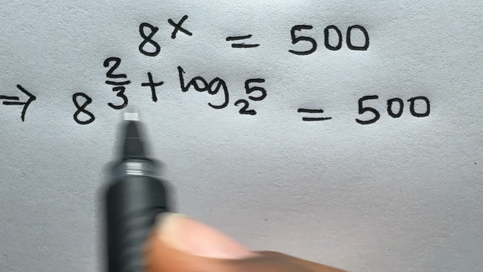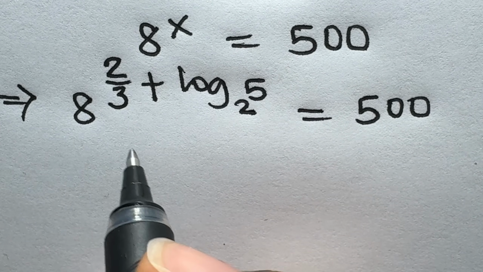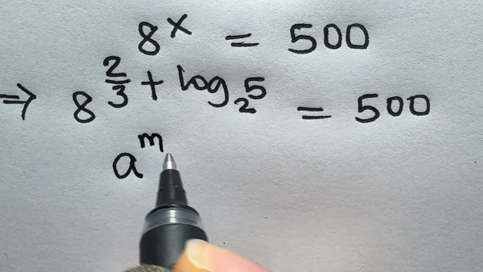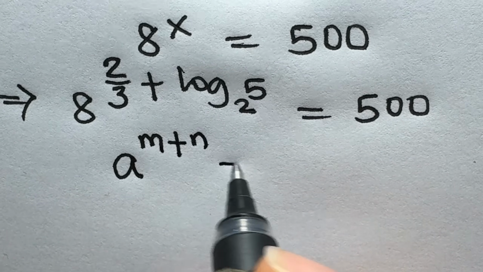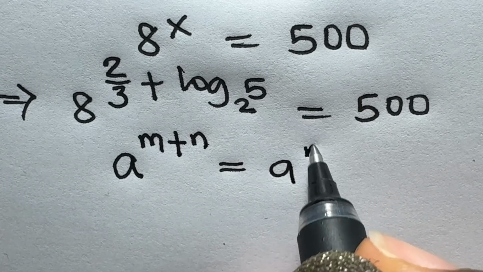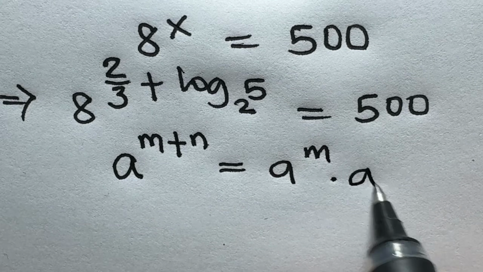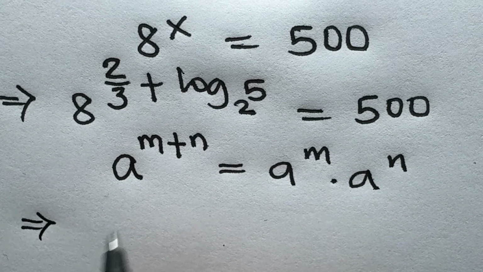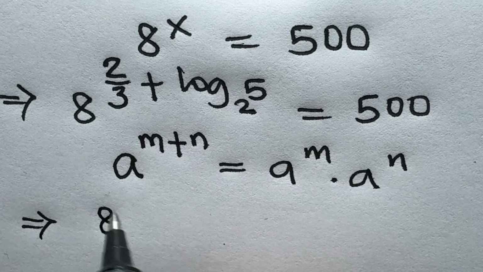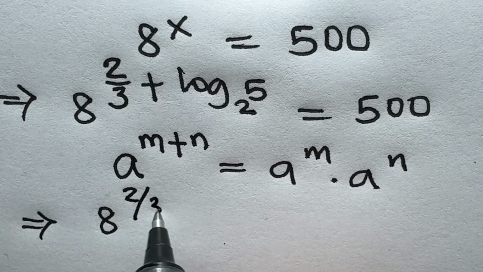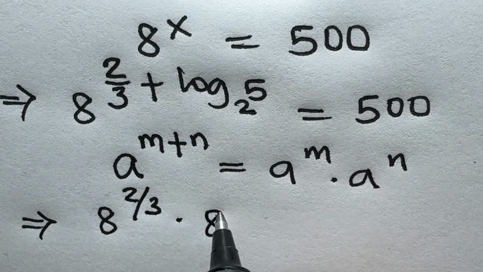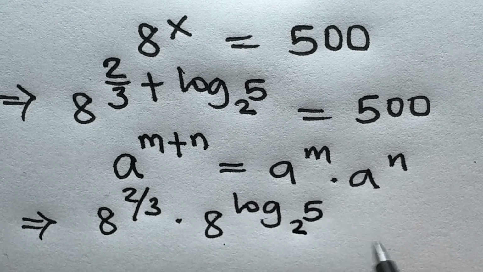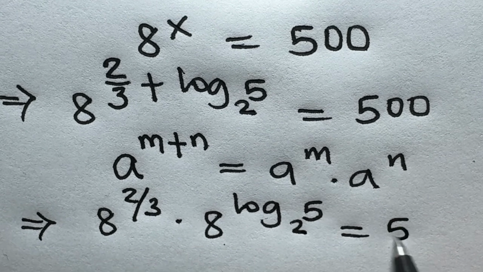Let's separate these powers. To do that, we use this law of indices. a raised to power m plus n is equal to a raised to power m times a raised to power n. This would then imply 8 raised to power 2 over 3 times 8 raised to power log 5 base 2 is equal to 500.